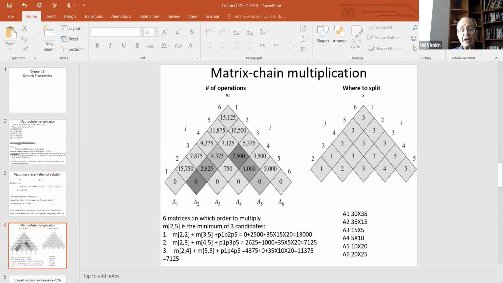Second option is to split after 3, which means that we multiply A2 by A3. We also multiply prior A4 by A5, and then multiply the remaining matrices, which is the product of this and the product of this. In this case, what will be M23? M23 is written here.